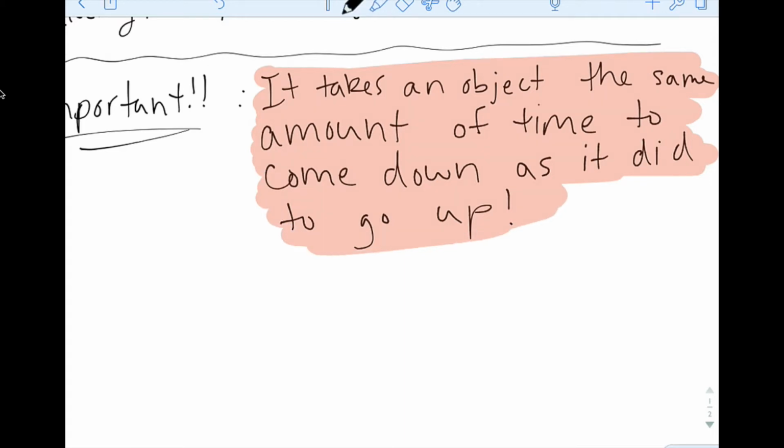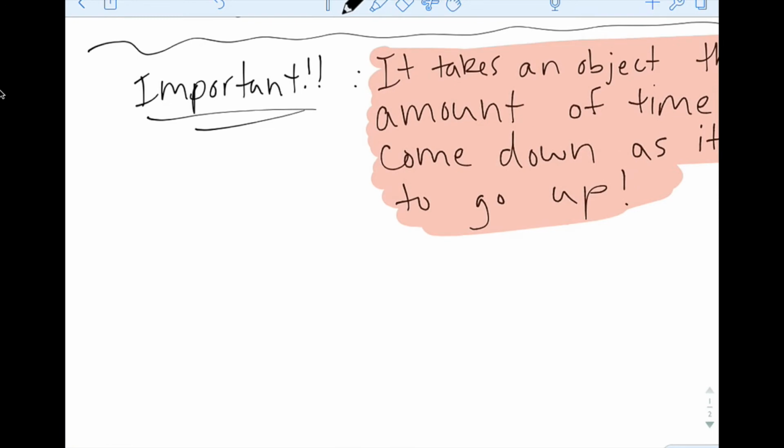It takes an object the same amount of time to come down as it did to go up. All right, so let's think about that. If Mr. McSparron is standing here and he throws the basketball up and it comes back down, and let's say that it takes 2 seconds to go up to the top, it's going to take 2 seconds to come down to the exact same spot that it was thrown from.